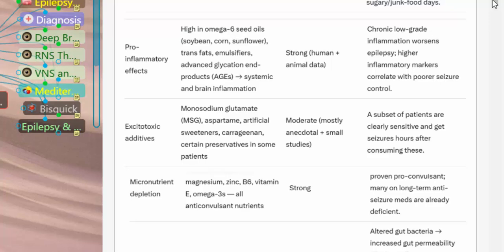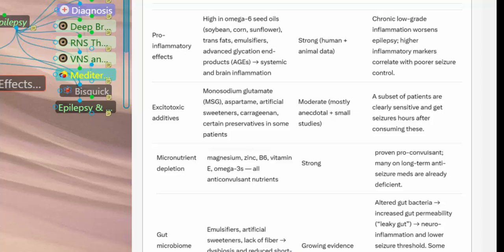Then processed foods can also contain excitotoxic additives like MSG, aspartame, artificial sweeteners, carrageenan, certain preservatives. Evidence here is moderate, mostly anecdotal. A subset of patients are clearly sensitive and get seizures hours after consuming these.